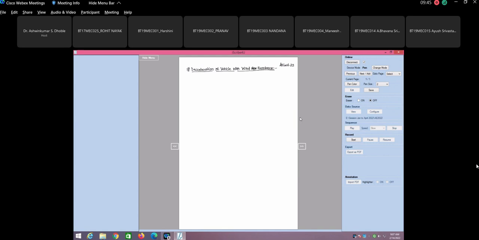So here we say that the aerodynamic drag on the vehicle depends on the frontal area of the vehicle and velocity of the vehicle.